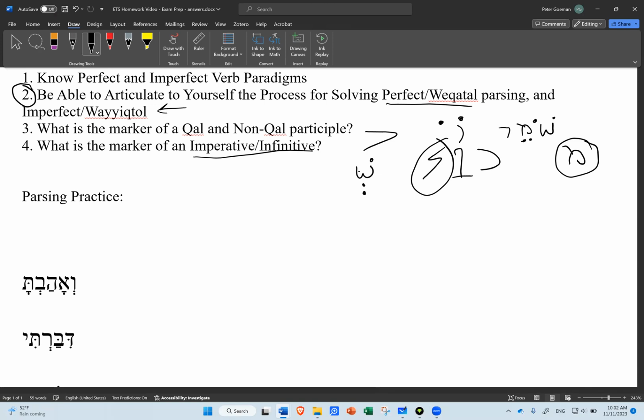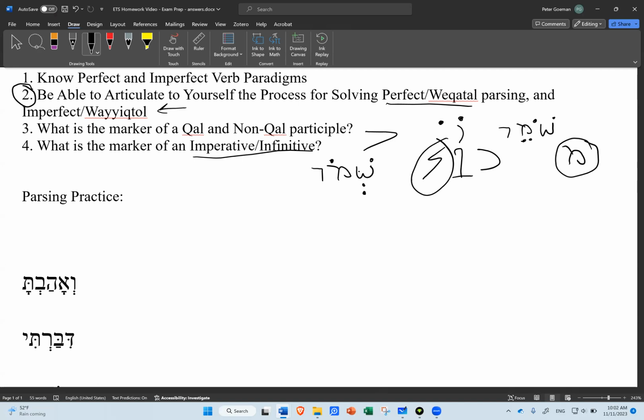Anytime you see a shva underneath the first letter, shamor, that's the imperative and infinitive mark. And so regardless, if it's on the exam, you could put either one and it's fine. That's either an imperative or it's an infinitive construct.